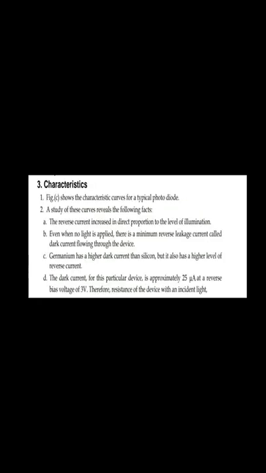Next we have to discuss the characteristic of photodiode. This is the characteristic curve. We have to see the reverse voltage versus reverse current. Reverse voltage is from 0 to minus 5, and reverse current is in microamperes.